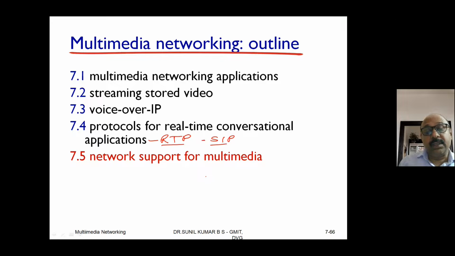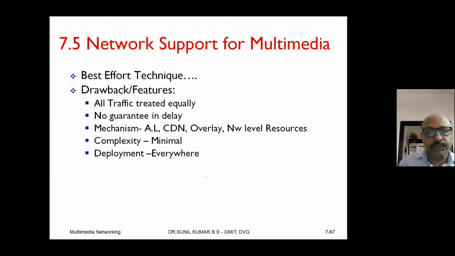That's the reason the network support for multimedia should be a special one, and how it will be communicated in the media with the help of a given network will be discussed here. Now, you know that in all the discussion we have made till now, the best effort technique is the one most often used in network communication.